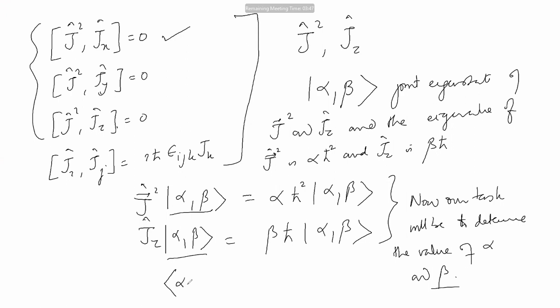What do we mean by that? That <alpha prime, beta prime | alpha, beta> we can write as delta alpha alpha prime, delta beta beta prime. These states are orthogonal and normalized.